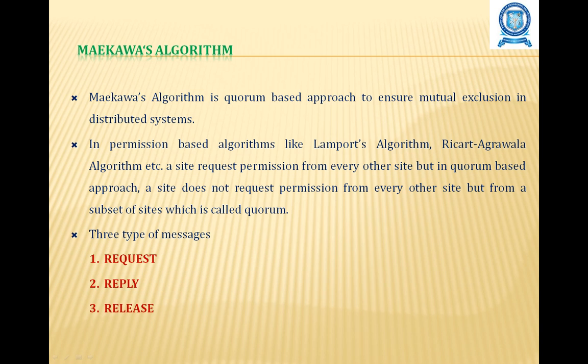Next one is the reply message, that is, a site sends a reply message to the requesting site to give the permission to enter into the critical section. Third one is the release message. A site sends a release message to all the other sites in its request set or quorum upon exiting the critical section. So these are the details of these three messages.